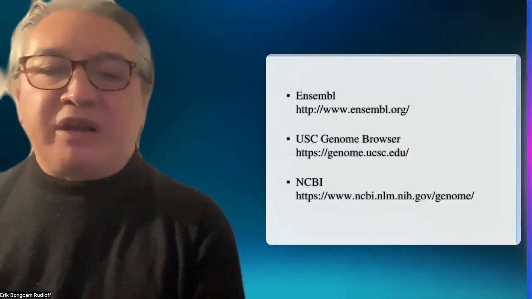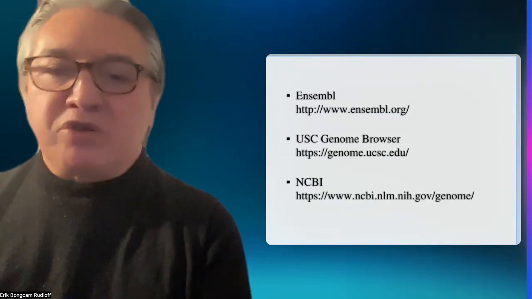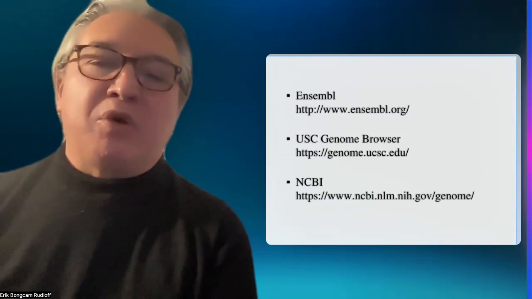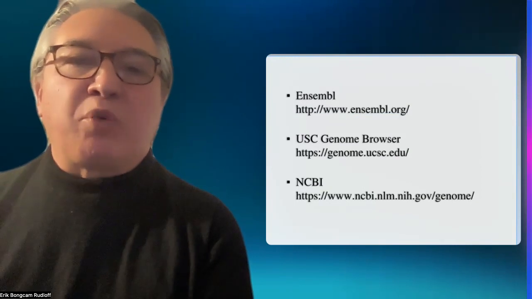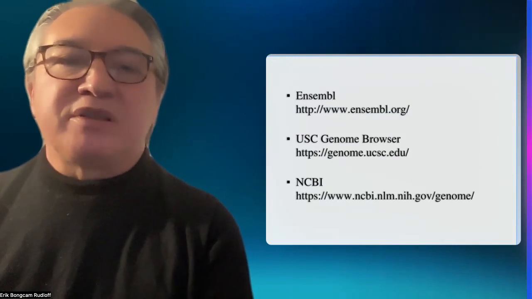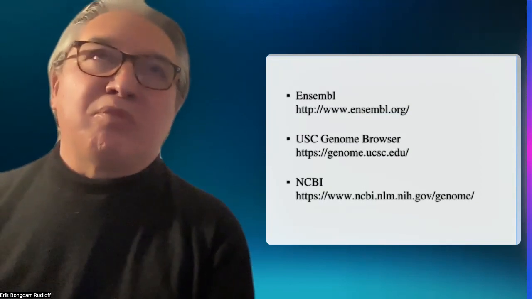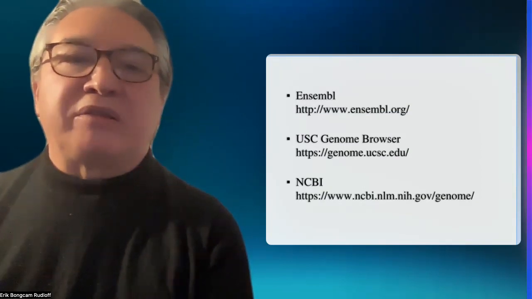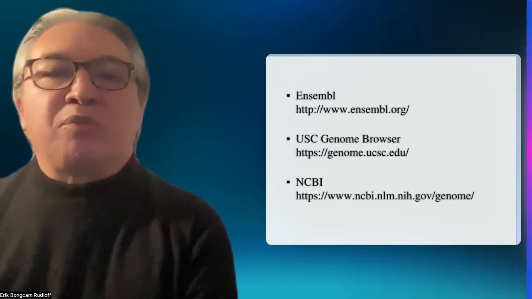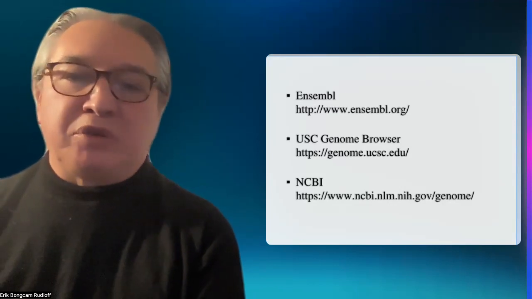So there are several of them. The major one that I mention usually, and even more when it's plants, because it's the one that really cares for plants, is Ensembl. Ensembl has most of the mammalians, most of the bacteria, most of the fungi, and most of the plant genomes that are being produced.